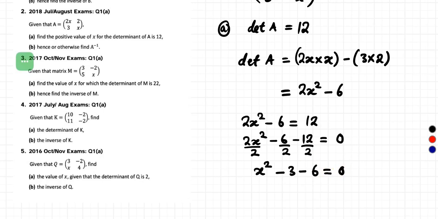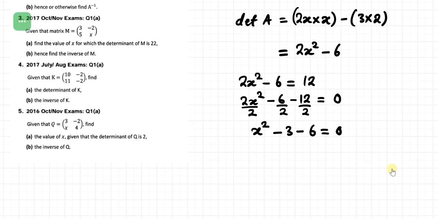Now when solving this quadratic equation of this nature, what we said earlier is that you can look for two numbers which when you multiply them, they'll give you 6, and when you add them, they'll give you 3, because this is a quadratic equation. So which are those two numbers?